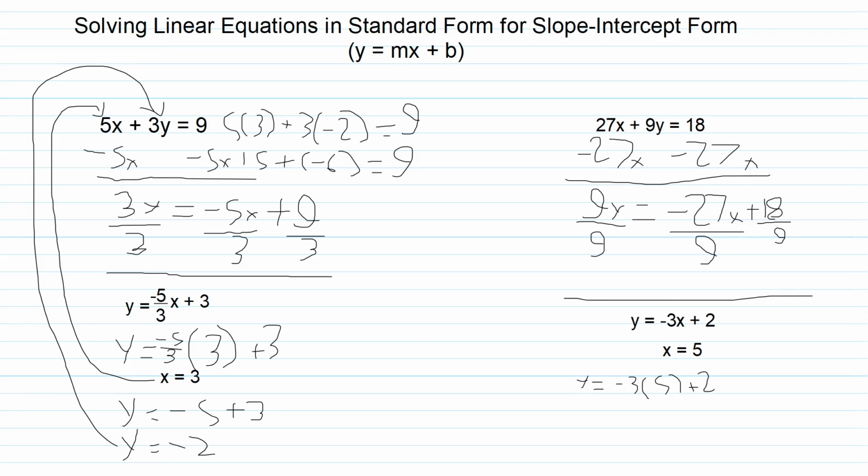Now y is equal to minus 15, because negative 3 times 5 is equal to negative 15, and then plus 2. So y is equal to negative 13. So we know that x equals 5 and that y is equal to negative 13.